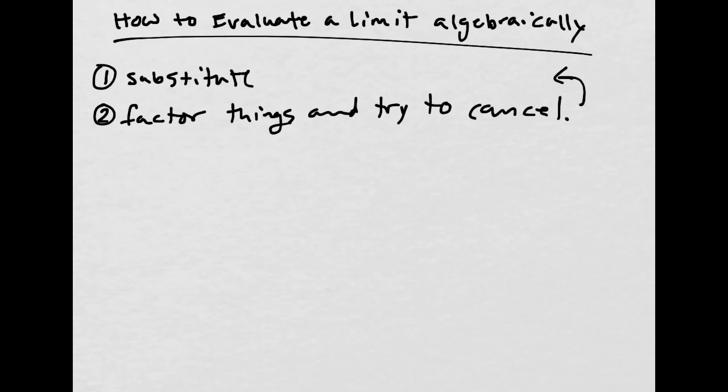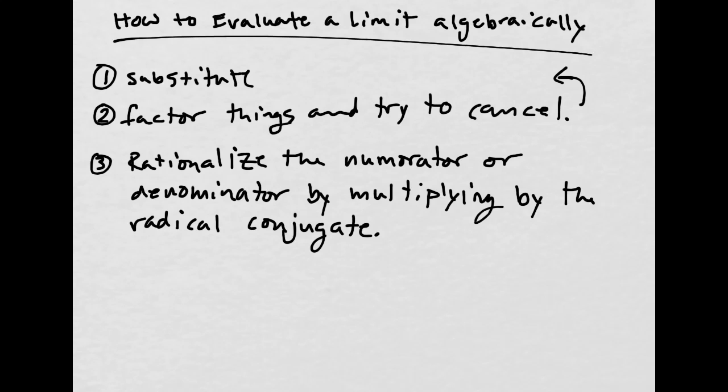What if you can't factor something? What if you've got square roots? Well, remember, you multiply by the conjugate. What is the radical conjugate? If you had the square root of 2x plus 3, the conjugate would be the square root of 2x minus 3.